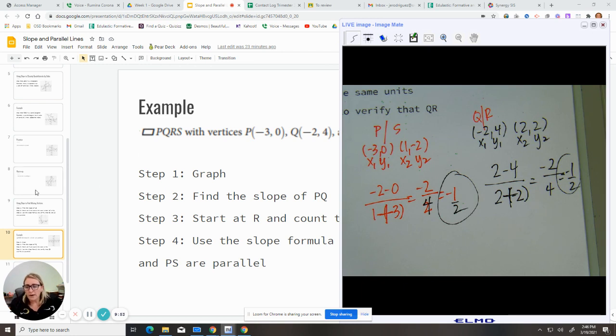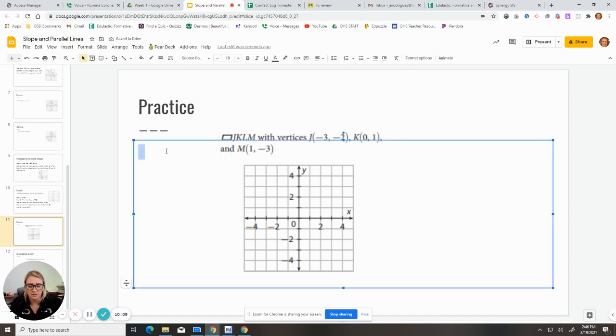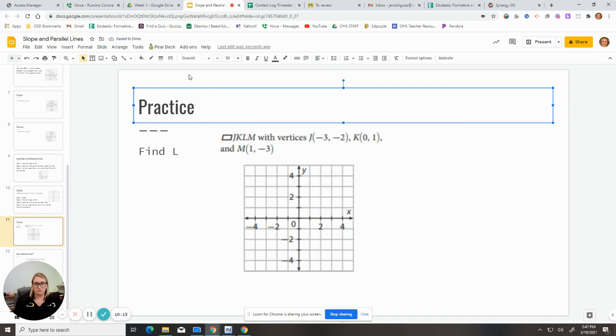All right, I'm going to have you guys try one. You're going to practice with this. We have J, K, and M, so you're going to be looking for point L. Let me write that in here for you. Find L. That is what we are missing.